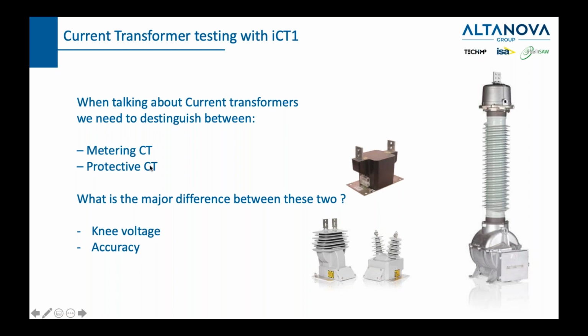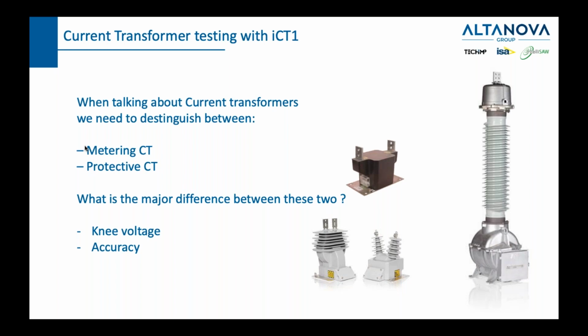blaster, because metering CTs have to be very accurate and have to also protect what they are connected to, while protective CTs are the big guys, the guys who are always ready to suffer even the greatest currents on the primary side in order to bring the correct information to the relay or to some other device.